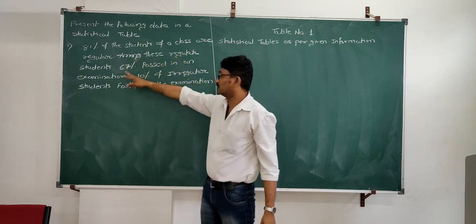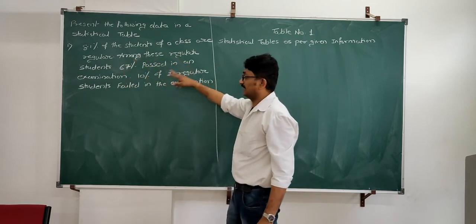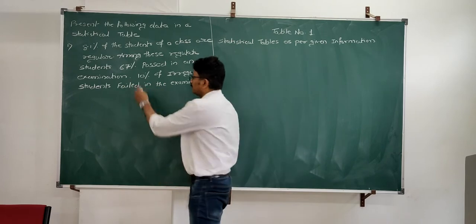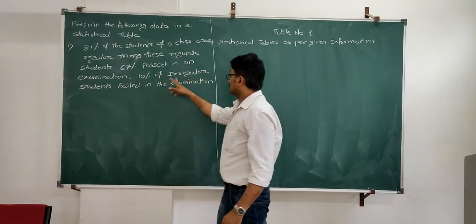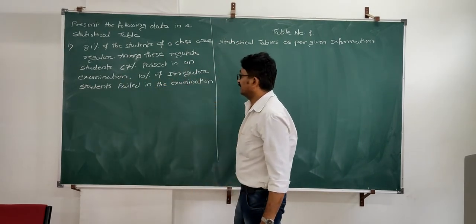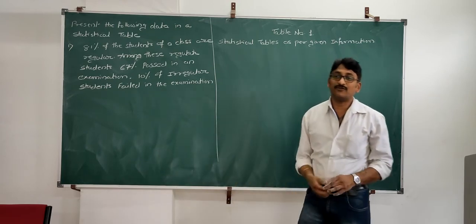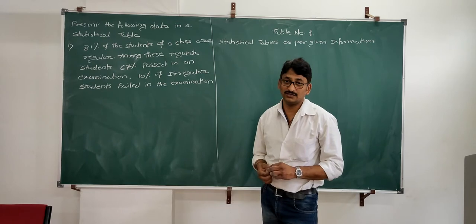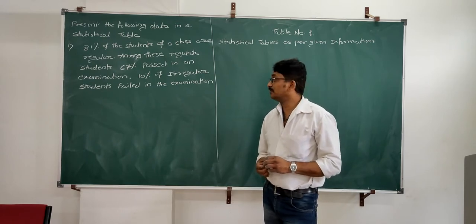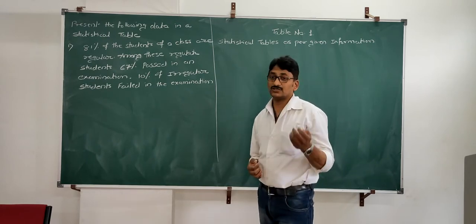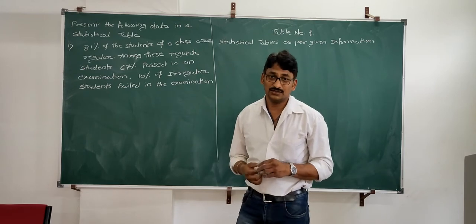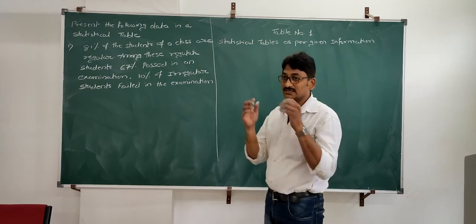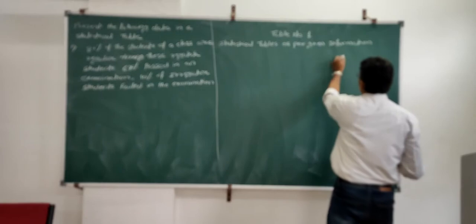Among these regular students, 67% passed in an examination. Full stop. 10% of irregular students failed in the examination. So this information is related to the examination conducted by the college, and this information is again related to regular students and irregular students. So by using this information, you have to prepare the structure of the table.